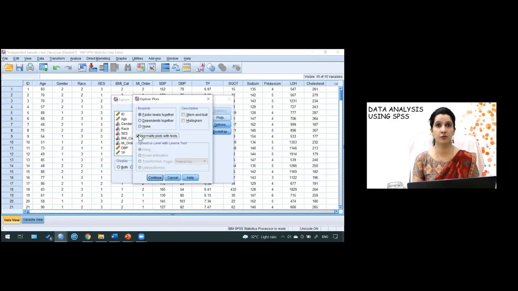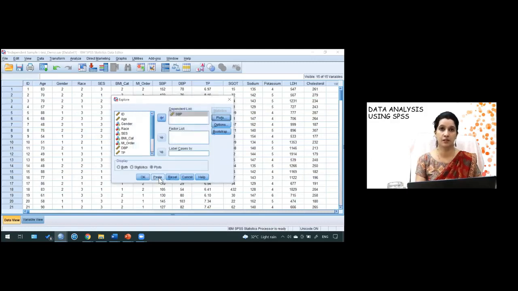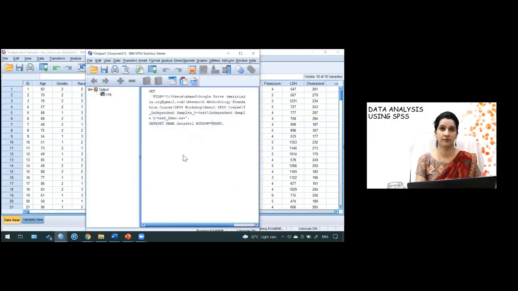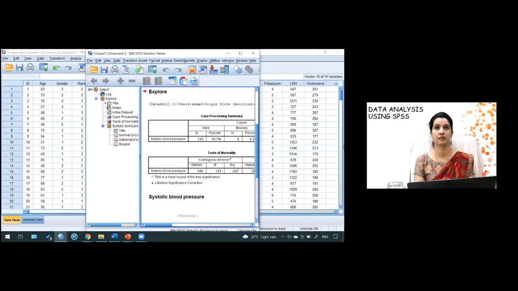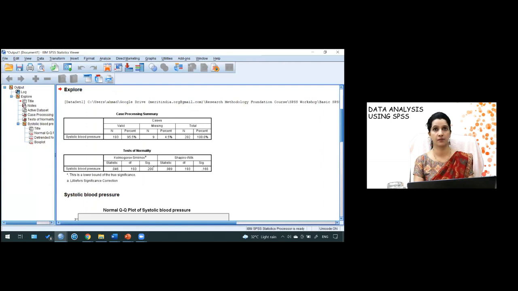This is the most common way we check for normality, and it gives you the box plot as well as the QQ plot, and again the Shapiro-Wilk value, which we have seen. So press continue, press OK, wait for a few seconds, and this comes.